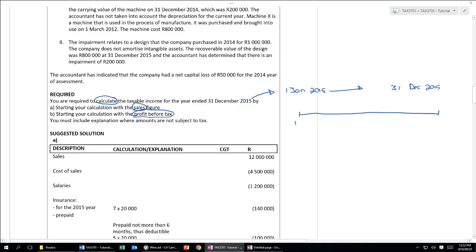Just to remember 1 Jan 2015 to 31 December 2015. This is quite important when you want to make sure and remember that transactions or amounts fall within your tax year. Okay, so let's move on and let's actually start looking at this question.